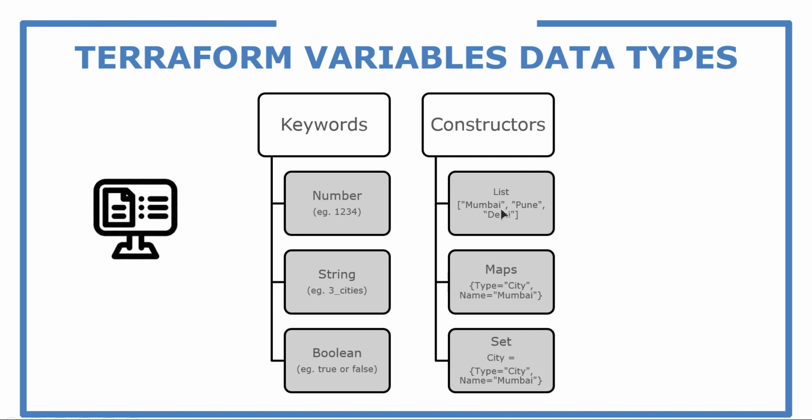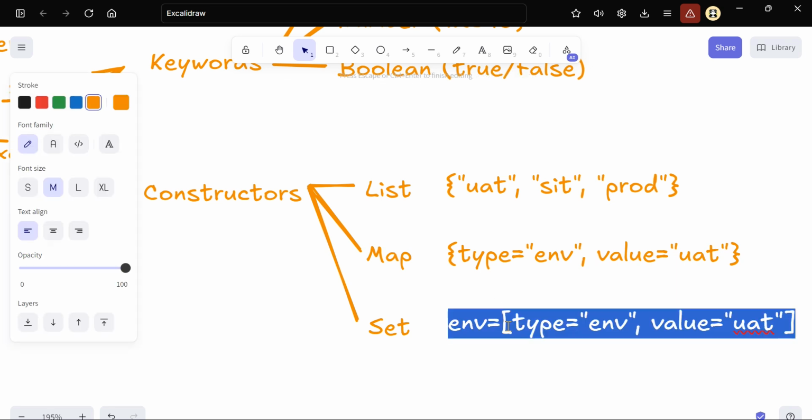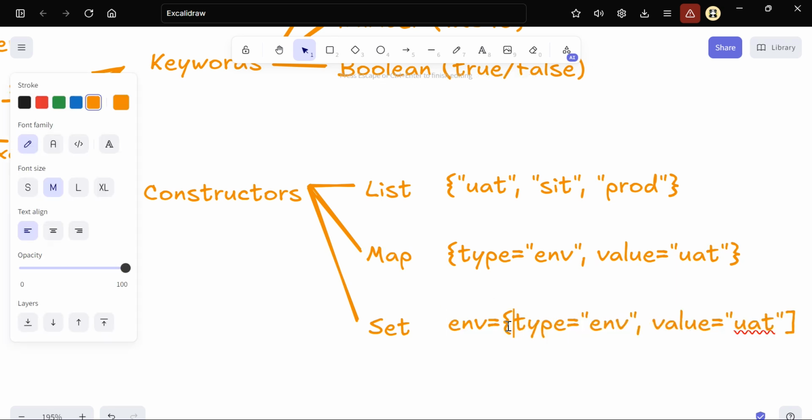I have given another example wherein, let's say, list is a list of cities: Mumbai, Pune, Delhi. Map is type equal to city, name equal to Mumbai, right? And in the set it will be type is city, name equal to Mumbai, right? And one thing to correct here: set will be put in curly braces.